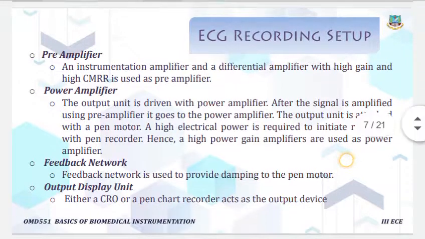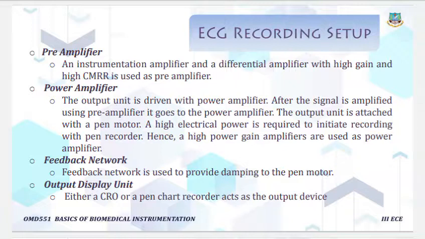Then the power amplifier drives the output unit. After the signal is amplified by the pre-amplifier, it goes to the power amplifier. The output unit is attached with a pen motor. High electrical power is required to initiate the recording with the pen recorder. Hence, a high power gain amplifier is used as this power amplifier.